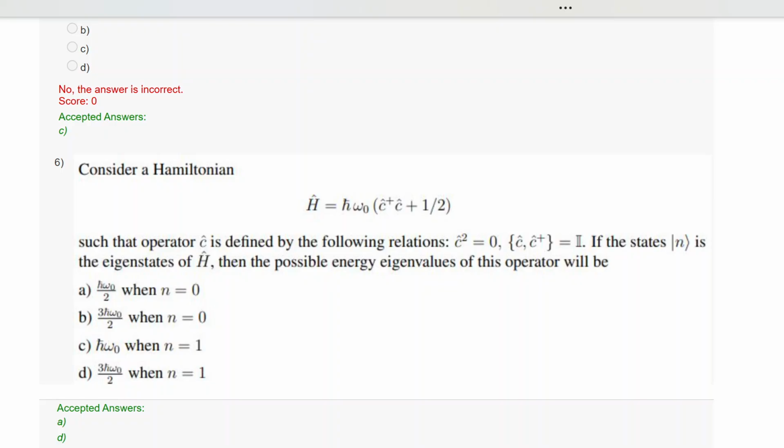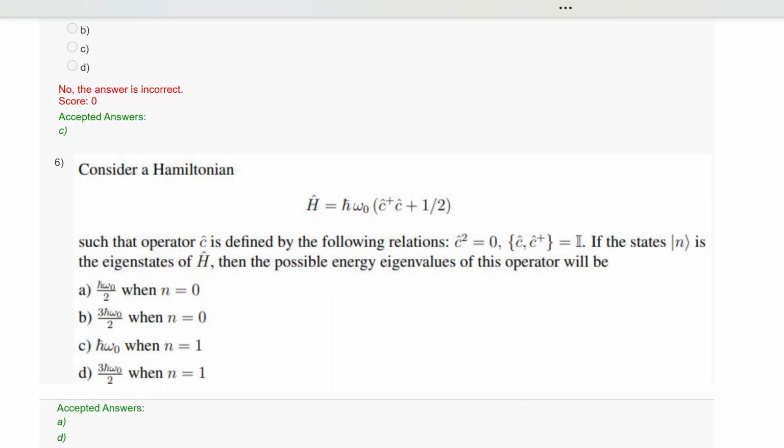So c cap squared is equal to 0 and the anti-commutator of c and c dagger is I. The state n is an eigenstate of H cap, and the possible energy eigenvalues of this operator are what?